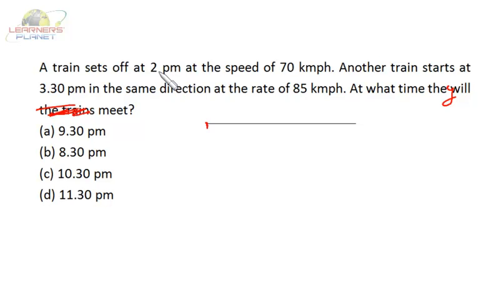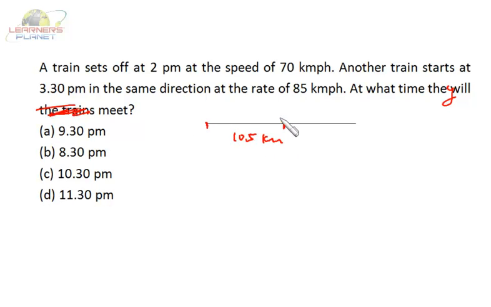Now the speed of this train is 70 km per hour, so in 1.5 hours it will have run 70 plus 35, that is 105 kilometers.